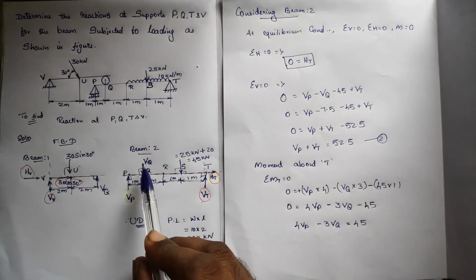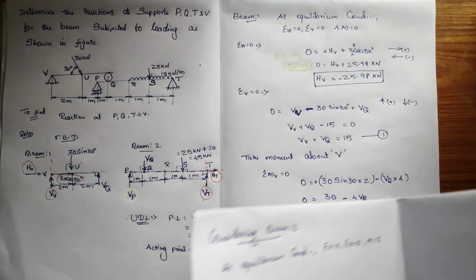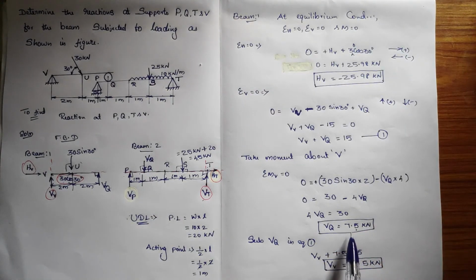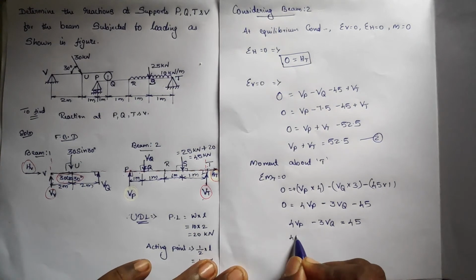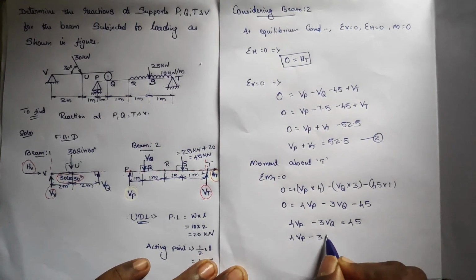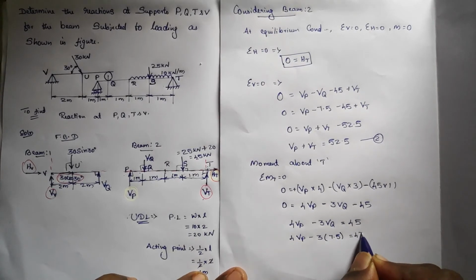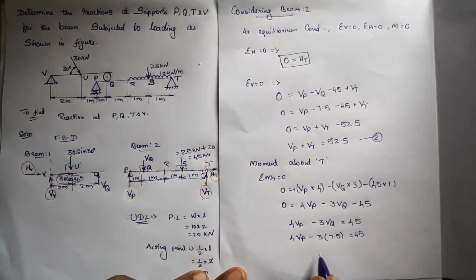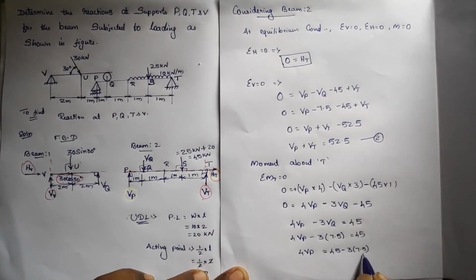So see, here we have already calculated this VQ value. The VQ answer we have taken as 7.5. So just substitute here: 4 VP minus 3 into that 7.5 equal to 45, right? So we get 4 VP equal to 45 minus 3 times 7.5.